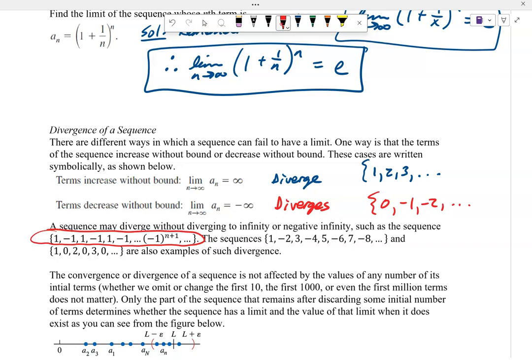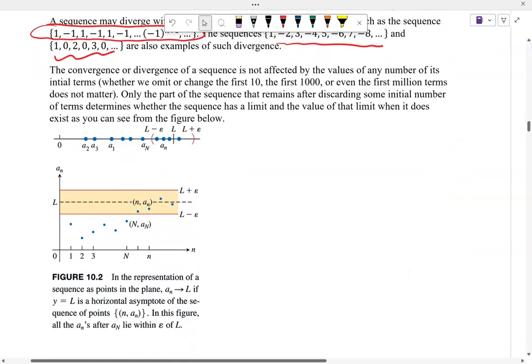This one's not only changing from negative to positive, but it's bouncing back and forth from 1 and then down to -2 and then up to 3 and down to -4, right? So it's bouncing up and down, as well as the absolute value is increasing in magnitude. So all these, again, are all divergent, right? They're not bounded at all.